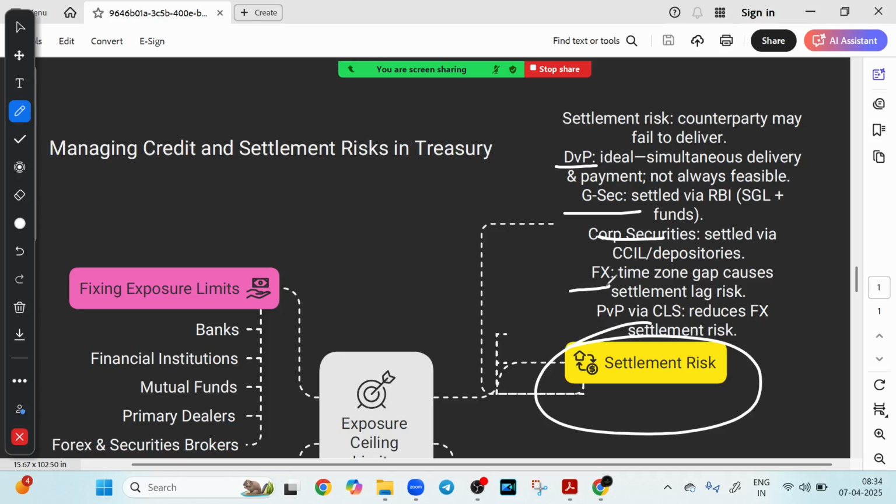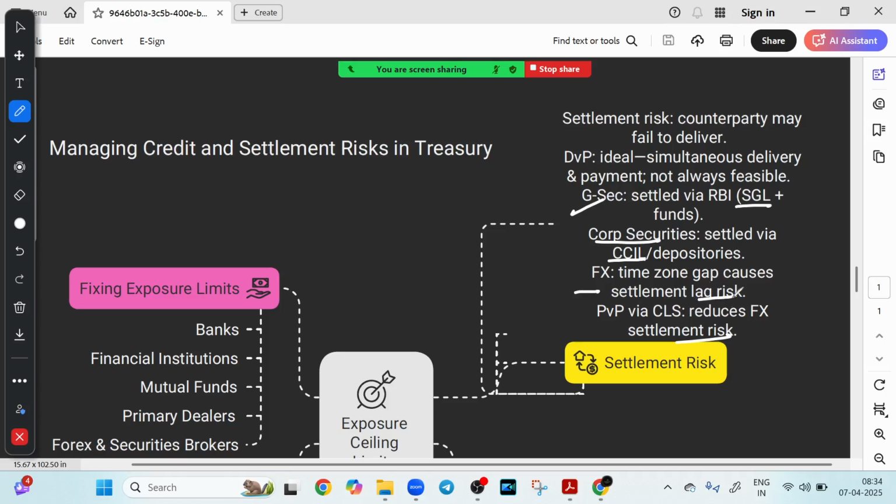If we talk about forex, the time zone gap creates a lag risk. And PVP, that is payment versus payment via CLS, reduces the foreign exchange settlement risk. So remember these techniques: DVP is not always feasible, GSEC is done through SGL, corporate securities are settled via CCIL, forex time zone gaps cause settlement lag risk, and PVP via CLS.